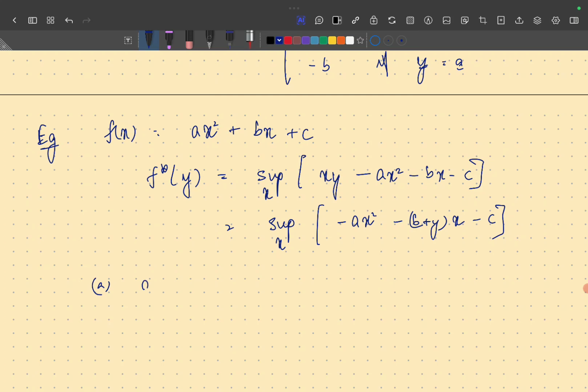So in the first case, a is, let's say, less than 0. F star of y is infinity for all y. The second case is when a is greater than 0.